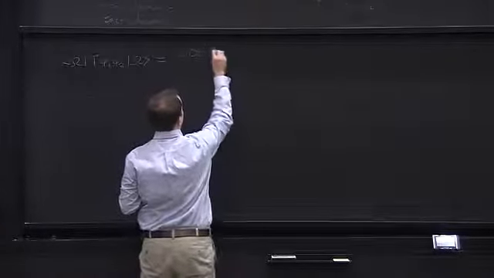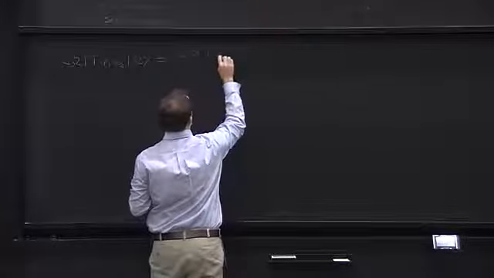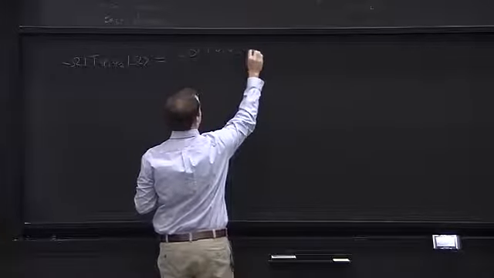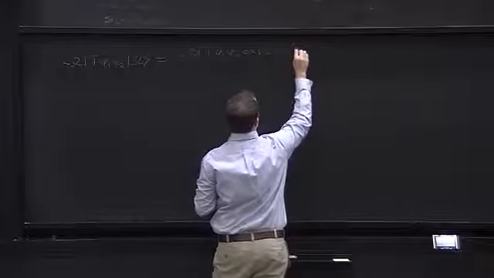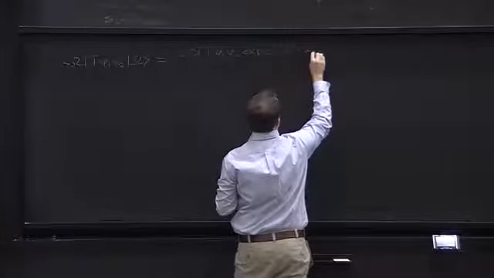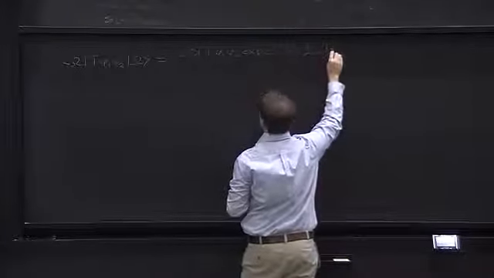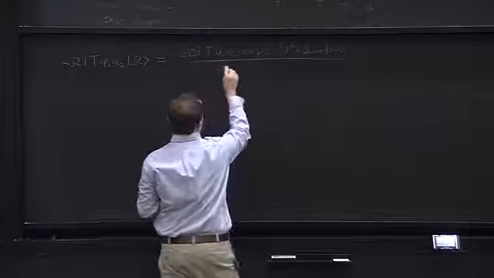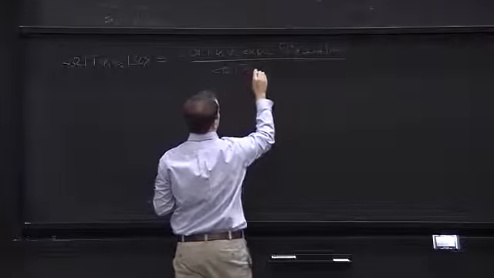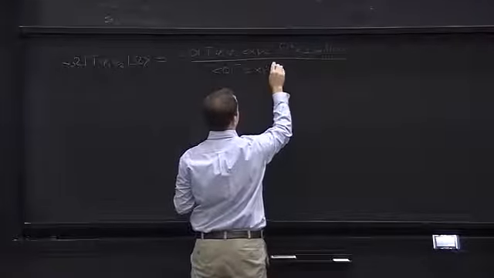And the result is we've got the time-ordered product of phi1, phi2 times the exponential of i times the integral of the interaction Lagrangian. And normalized, so we have just the time-ordered exponential in the denominator.